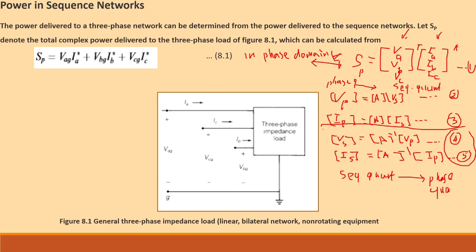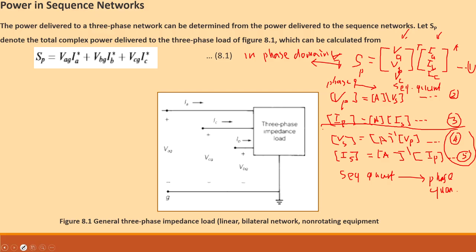Okay, so by means of these equations, the equation number 2, 3, 4, 5, we can transform phase quantities to sequence quantities, or vice versa, the sequence quantities to the phase quantities.